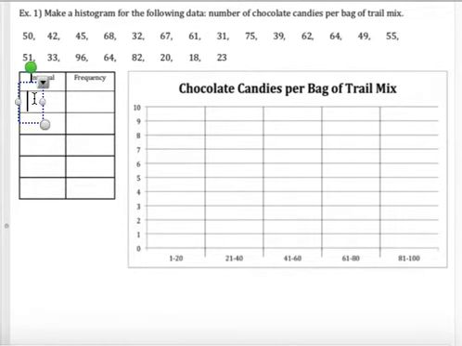So this first interval is going to be 1 to 20. The second interval is going to be 21 to 40.